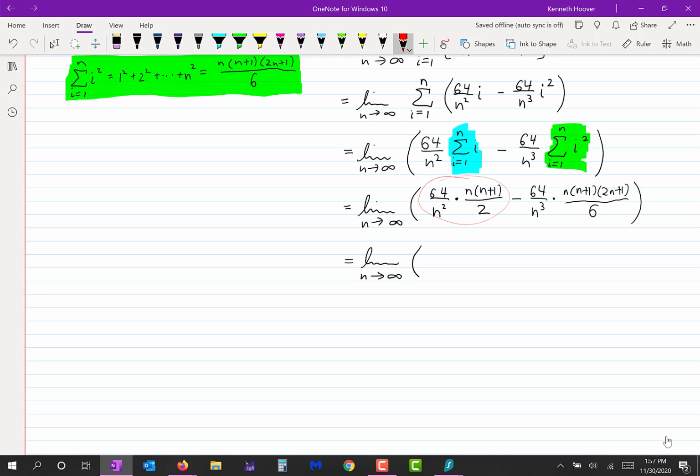This stuff here, if you multiply that out, we're going to get 64n squared plus 64n over 2n squared, and those two multiplied together is going to give us 128n cubed plus 192n squared plus 64n over 6n cubed.